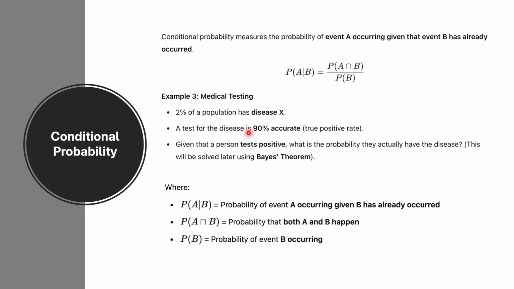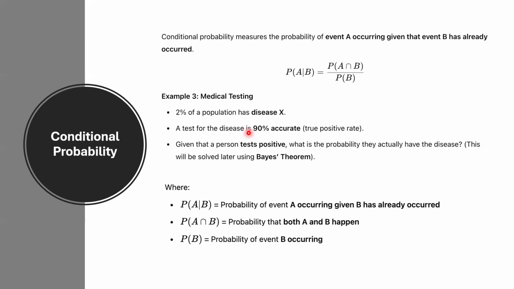Try to imagine this scenario. We discussed the definition of independent events, right? The occurrence of A cannot affect the occurrence of B. So it does not matter what has happened if B has already occurred.